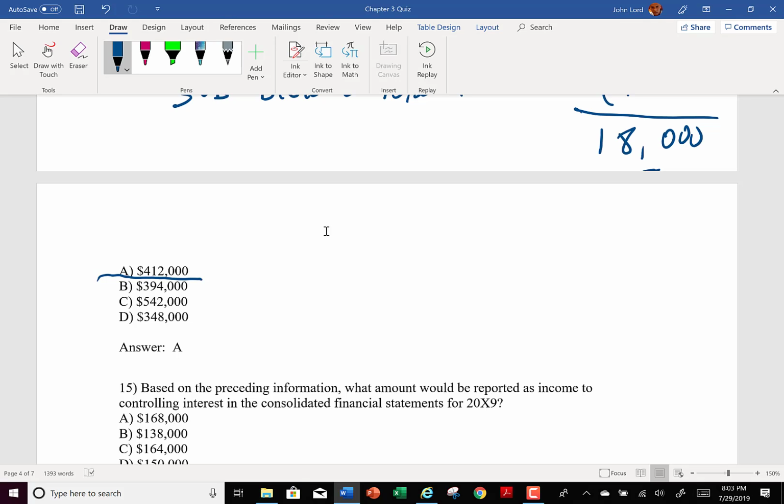And I say little because it's the non-controlling interest share of the subsidiary's numbers. I did each number multiplied by 10% just so we could kind of see how it works. But what I would do is take the total retained earnings for the entire subsidiary and then multiply that by 10%.